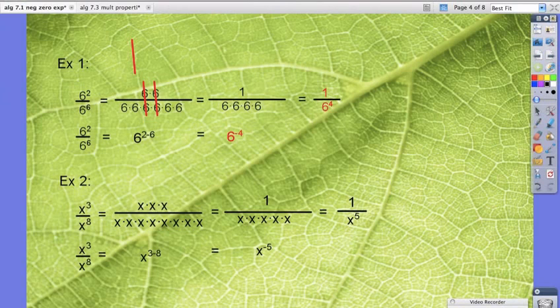Now remember, because this 6 is on the numerator of our fraction, and it has a negative exponent, it means that we take the reciprocal, or we move it. So it would go from 6 to the negative 4th power to 1 divided by 6 to the 4th power. So we didn't flip or take the reciprocal of the entire fraction. We just literally moved the 6 because that has a negative exponent.